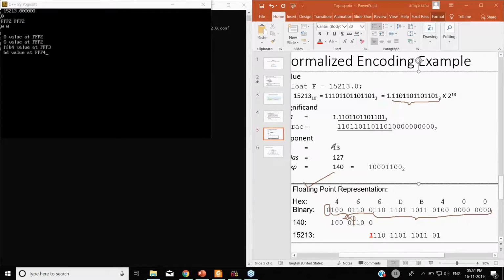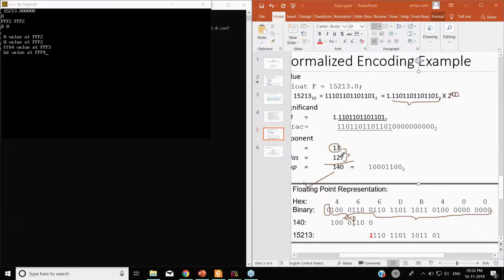Remember what we did in the last example? We added the bias to the existing exponent of the normalized representation of the number. So 13 is the exponent. Now we added 127 to it, which becomes 140.